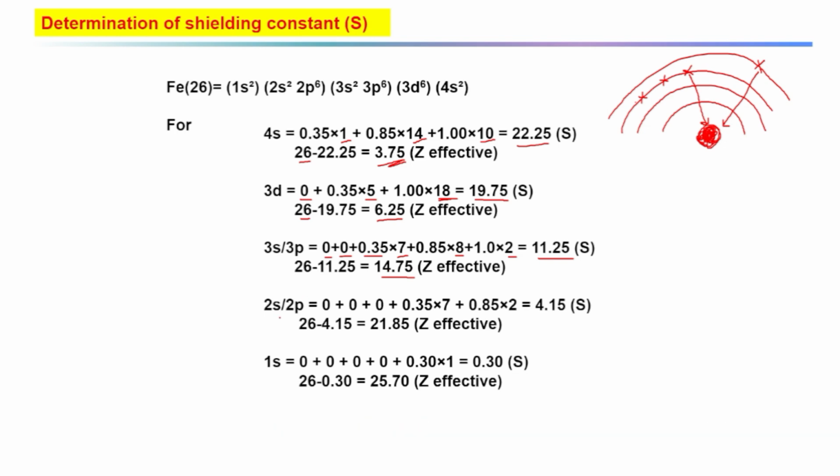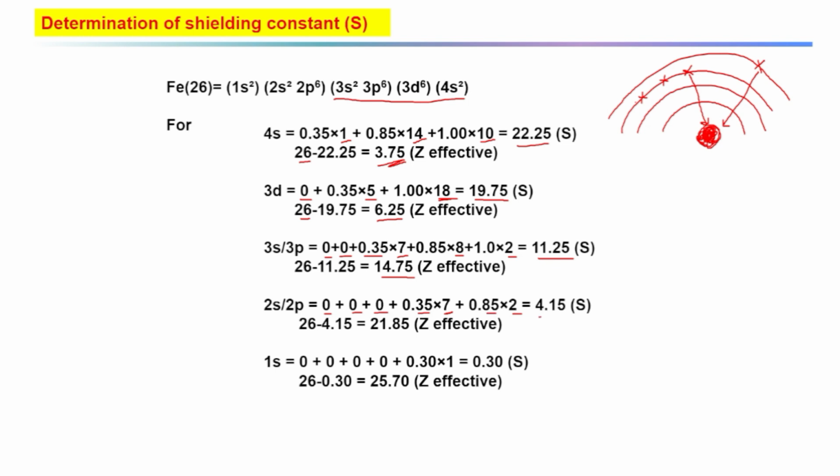Now if we calculate for 2s and 2p, all this right hand part will be 0. So we have 0 for 4s, 0 for 3d, and 0 for 3s 3p. In the 2s and 2p we have 8 electrons in total. So each electron will see there are 7 other electrons. So 7 other electrons will impart 0.35 shielding constant, and the 2 electrons in 1s2 will impart 0.85 as the shielding constant.